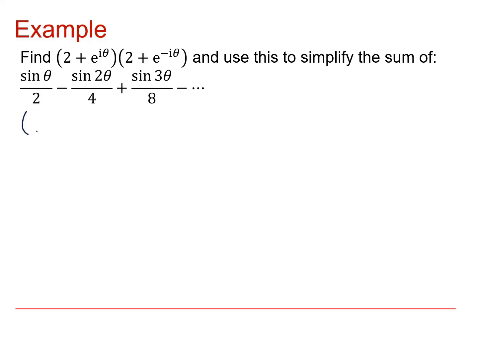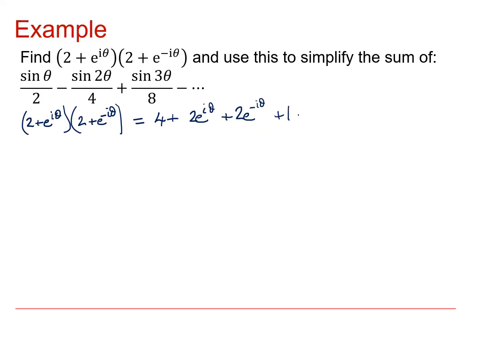Let's start with the two brackets though. Let's see what happens with those. So there's my two brackets. And what happens if I multiply them out? Well, I'm going to get 4 plus 2e to the i theta plus 2e to the minus i theta plus 1.